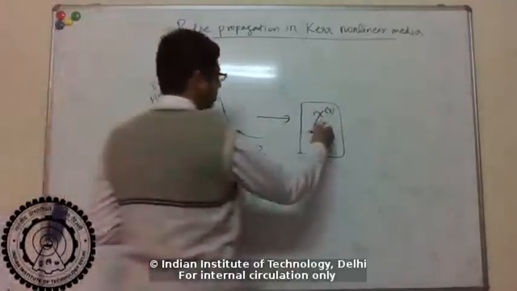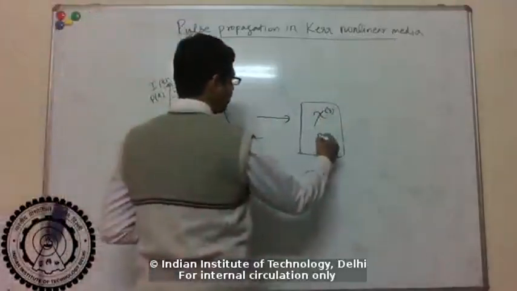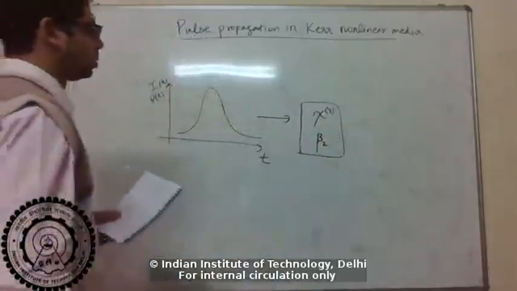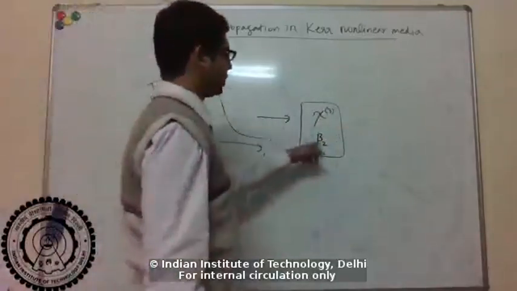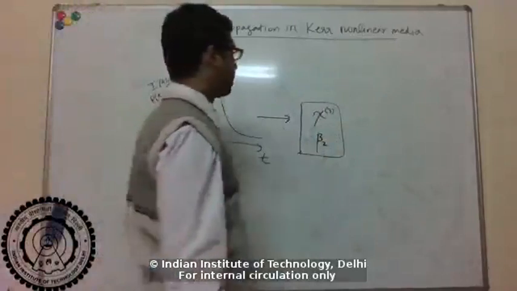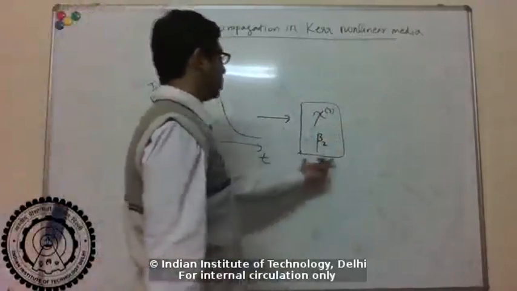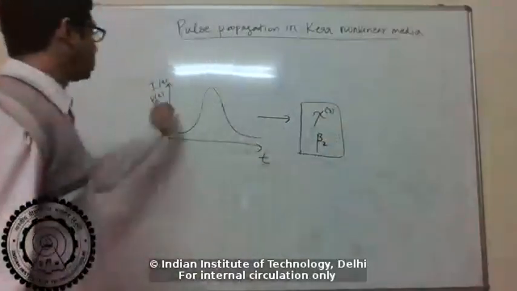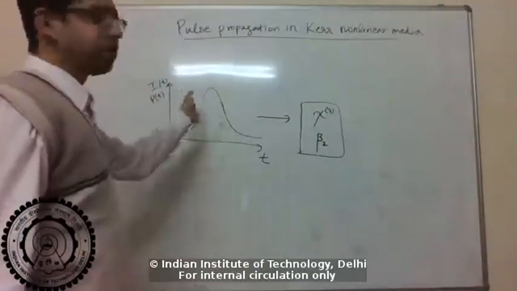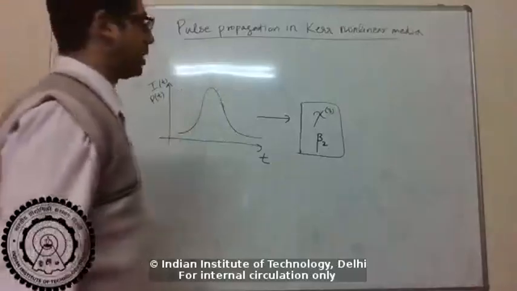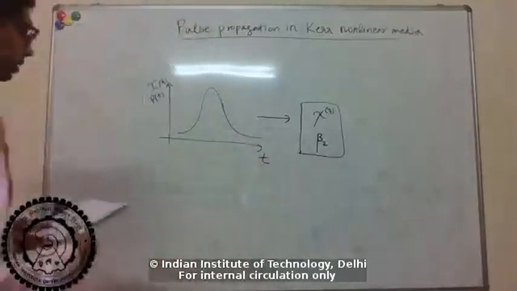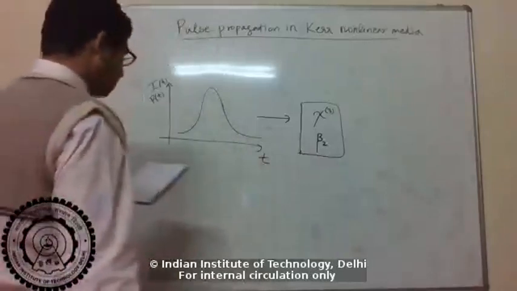Specifically, we'll also see that the dispersion of the medium becomes important. Specifically, this beta 2, which is the GVD parameter. For pulses especially, that becomes very important because we have many different frequencies traveling together, so the dispersion properties of the medium will also become very important.